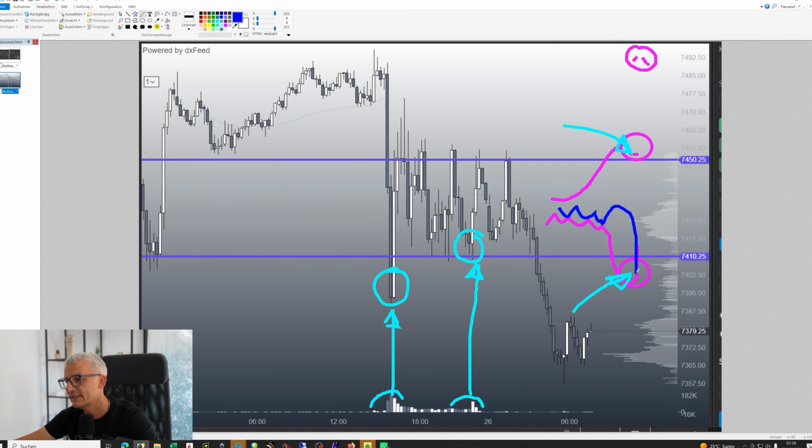Suppose it runs down here, it makes a volume peak down here, then I already know, oh, there was a lot going on there. Something is going to happen now. And if I now also have, for example, a big hammer supported by appropriate liquidity at a location that is exciting for me, then that's perfect for me.